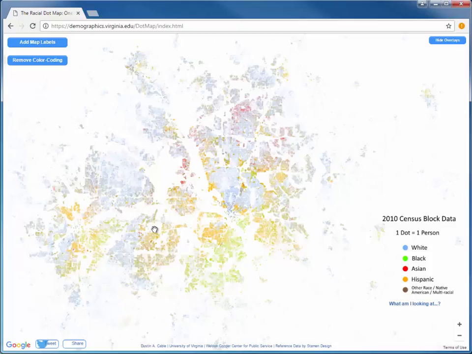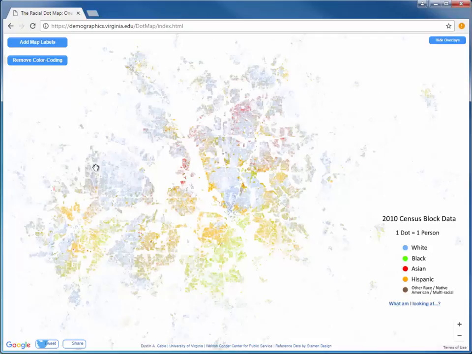One of the things that stands out is we have a fairly significant population of folks who are defined in the census as Hispanic, Black. We have different parts of the city with strong Asian populations.